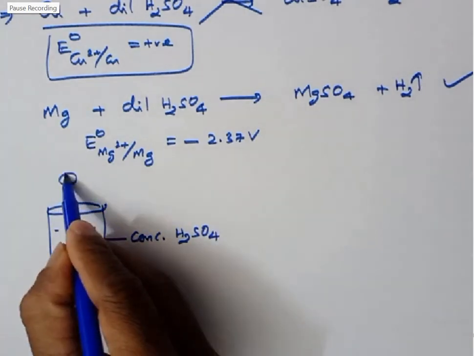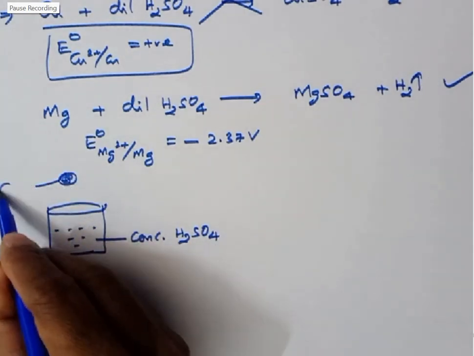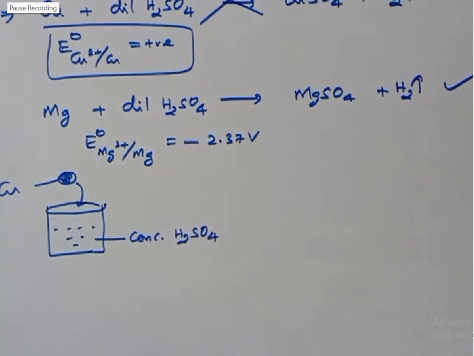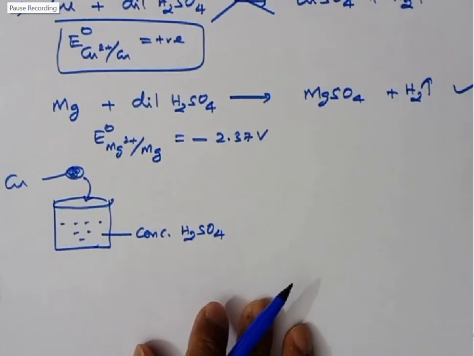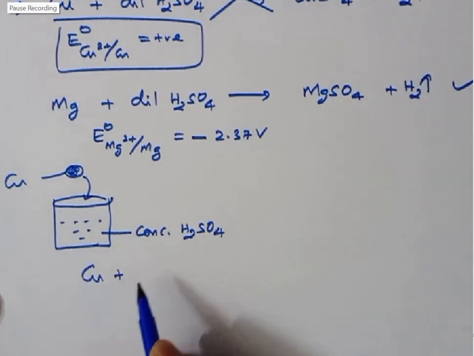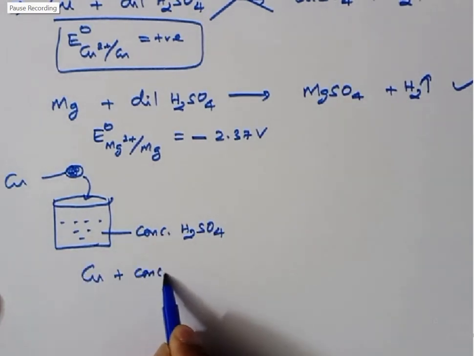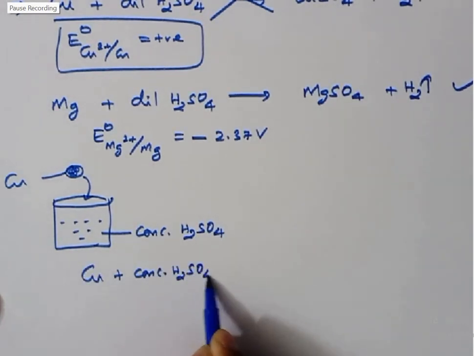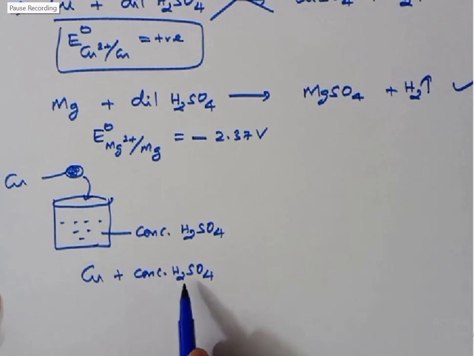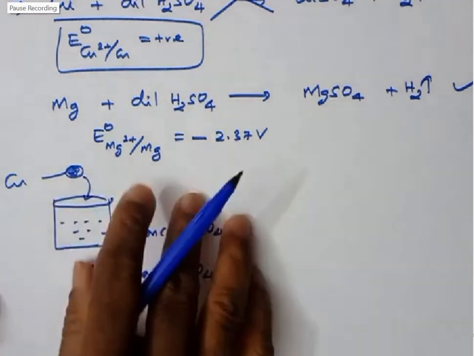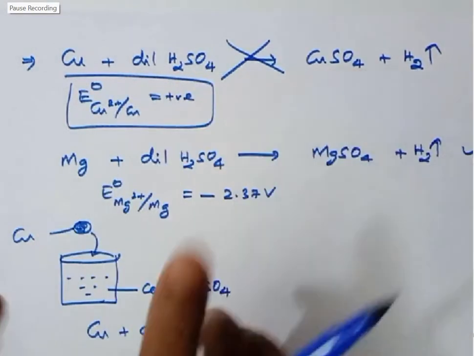Suppose I take concentrated sulfuric acid, and now I am going to add copper. Will copper react with the concentrated sulfuric acid? The question is, students, concentrated sulfuric acid is a good oxidizing agent. With the dilute sulfuric acid, this reaction does not occur.